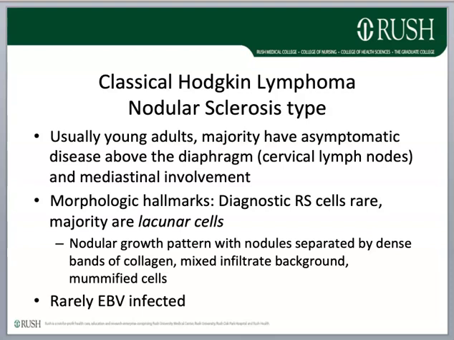Also important is the nodular growth pattern, with nodules separated by dense bands of collagen, a mixed infiltrate in the background, and mummified cells. This subtype is rarely associated with EBV infection.